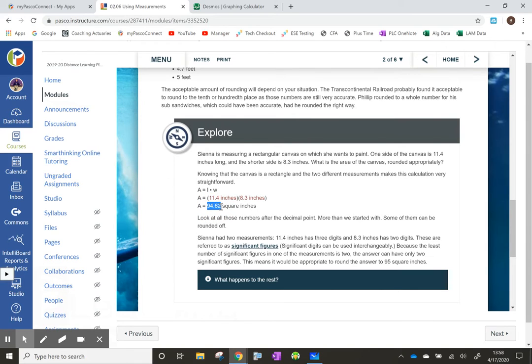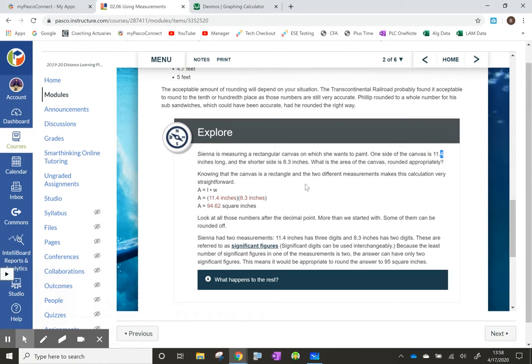But we need to round our answer according to the correct number of significant digits. How we do that is we go back to our starting values, 8.3 and 11.4, and we choose the one, surprisingly here, that has the fewest number of significant digits. 11.4 has 3 significant digits: the 1, the 1, and then the 4.